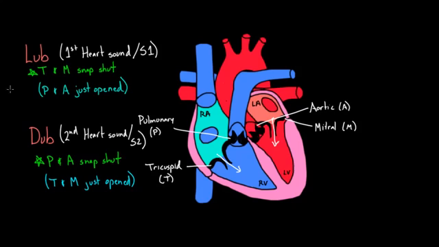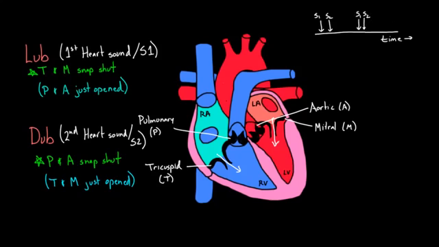And between these two, so let's say from lub to dub, because there's a little bit of space there, if you were to follow it over time, this is what it might look like if this was a little timeline. You might hear lub here, or the first heart sound, I'll just call it S1, and you might hear S2 here, the second heart sound, and then you'll hear S1 again over here, and S2.